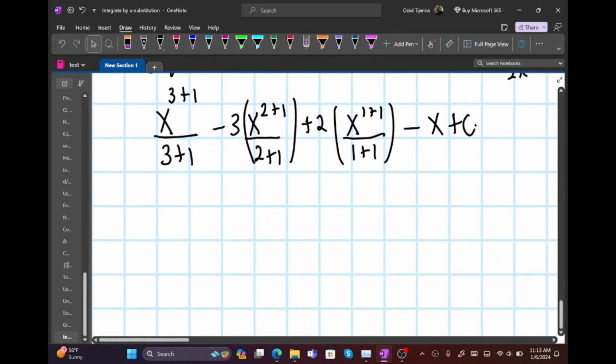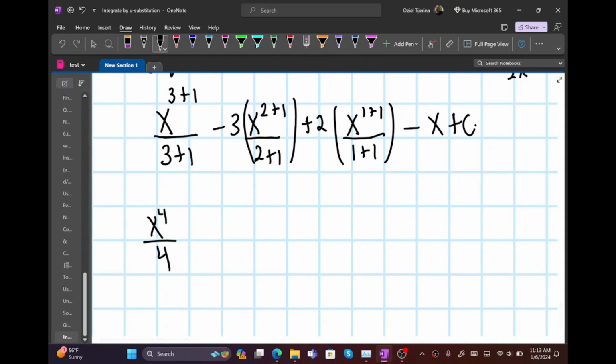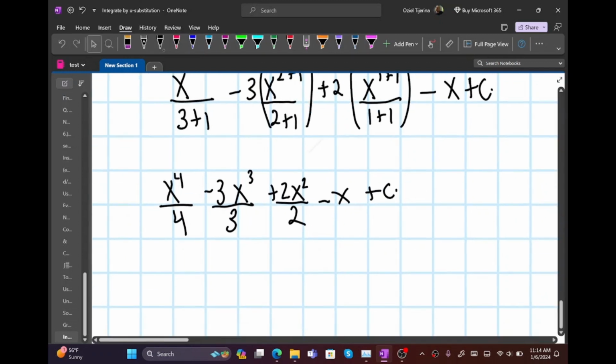Okay, so then we're just going to simplify this. X to the 4th over 4 minus 3x cubed over 3 plus 2x squared over 2 minus x plus the constant of integration c.